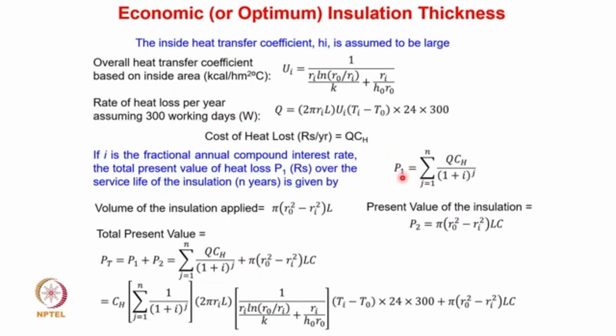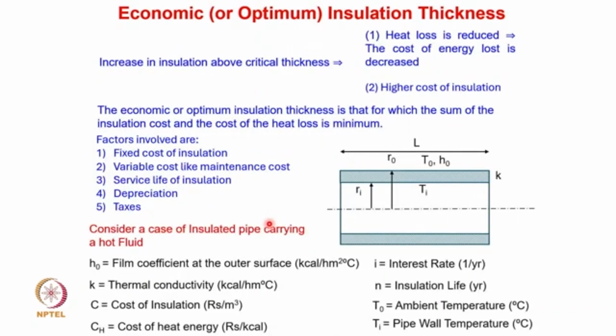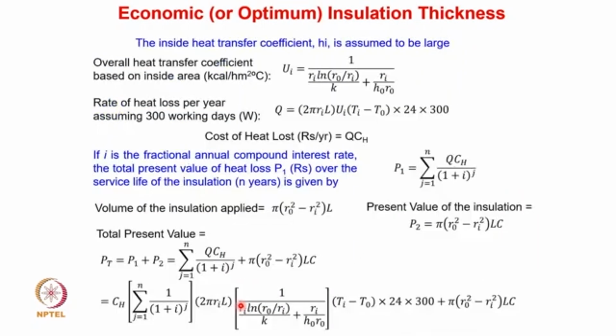Now, similar to this cost of the heat loss, there is a cost associated with the insulation. You can see that in this case the cost of the insulation is given per meter cube. So we have to calculate the volume of the insulation required. The volume of the insulation required will be what? Pi (Ro squared minus Ri squared).